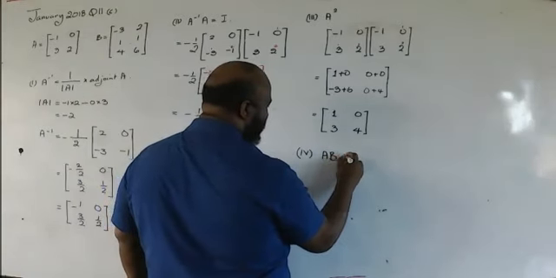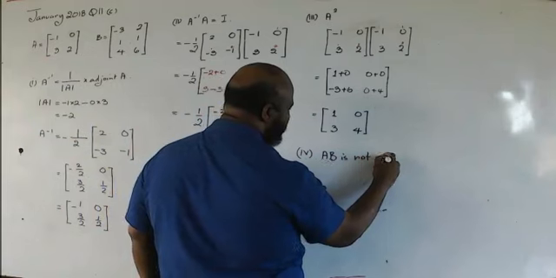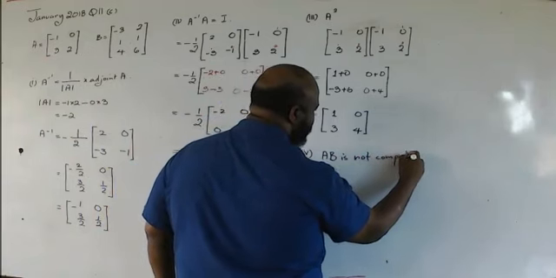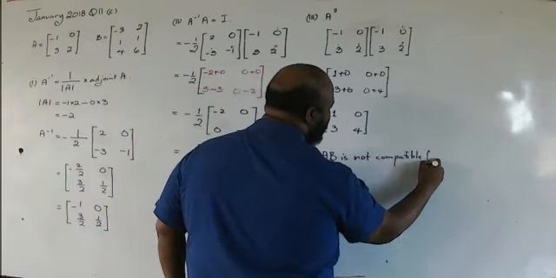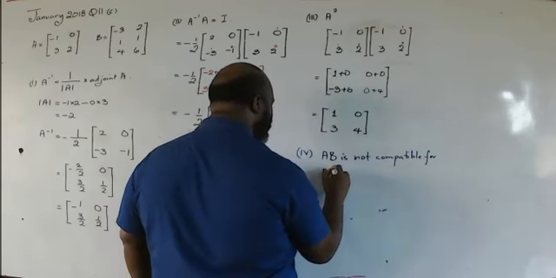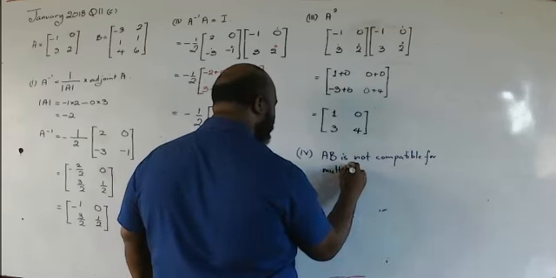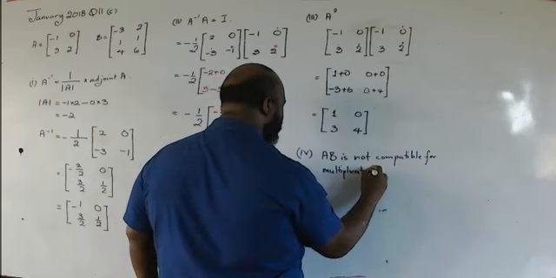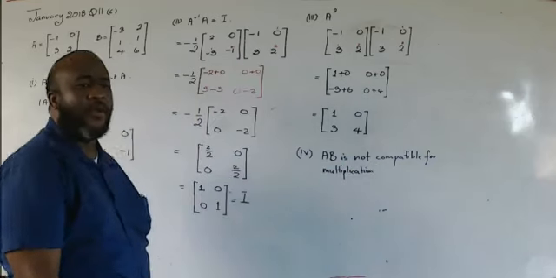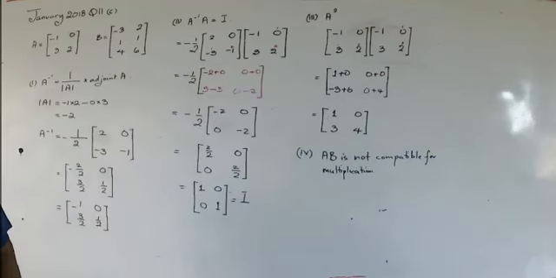AB is not compatible for multiplication. Two matrices are compatible for multiplication when the number of columns in the first matrix is equal to the number of rows in the second matrix.